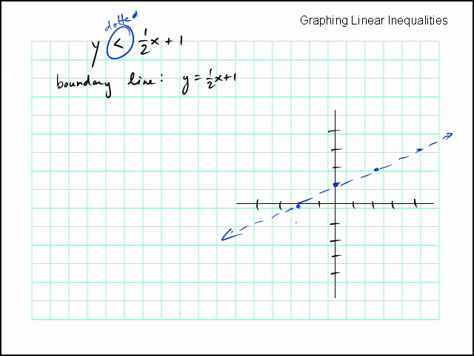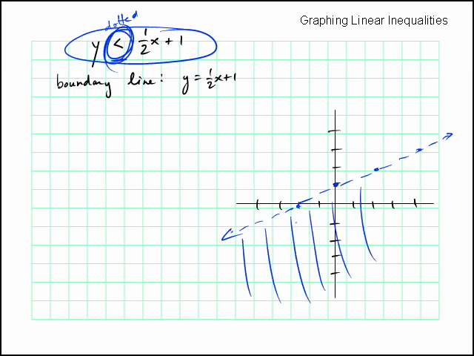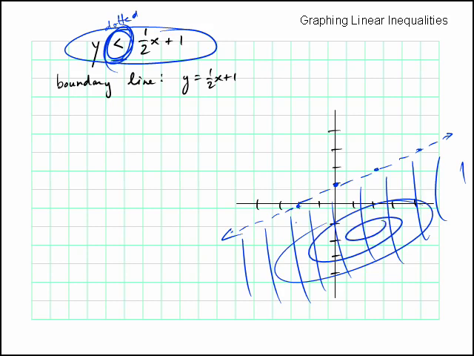Since this is solved for y, it is very easy to tell. It says y is less than, which means shade below, and so I shade below this line. There it is. Any point I pick in this region will be a solution to the inequality.